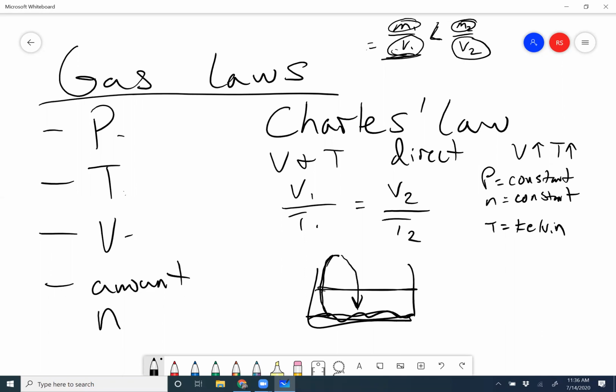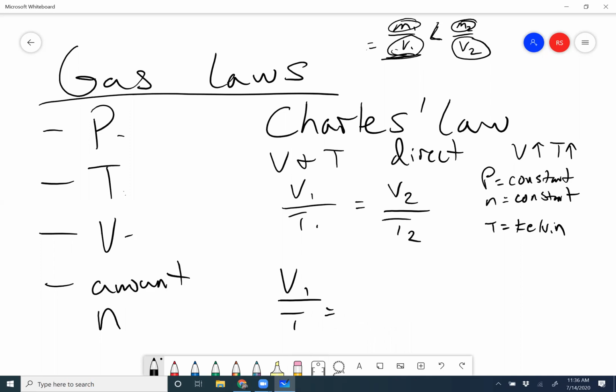This is being caused by the convection current, which is what we call it, but it's being caused by the difference in density, which can be explained by Charles's law. So that's Charles's law. V1 over T1 equals V2 over T2.